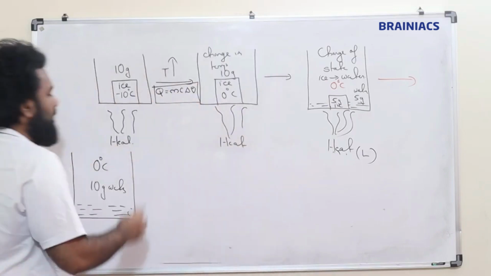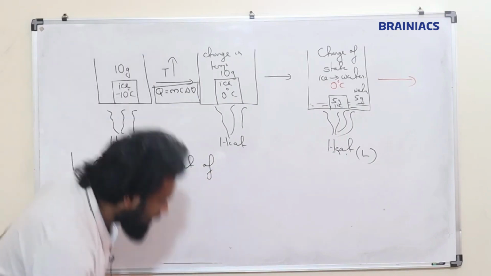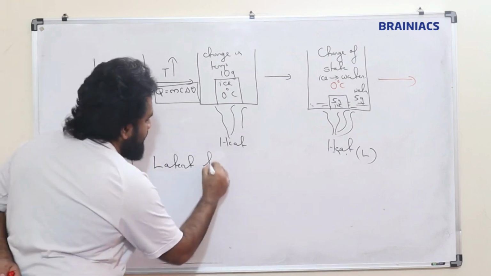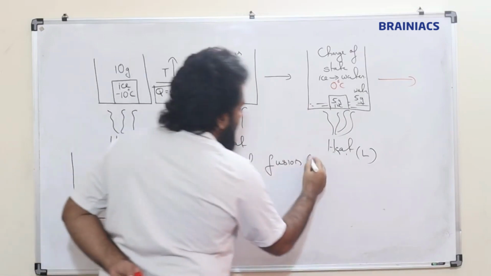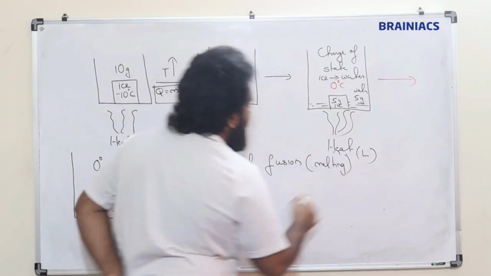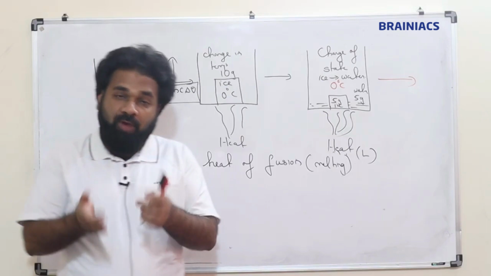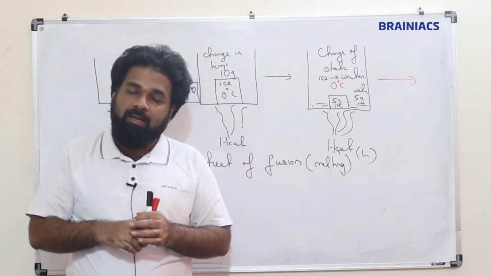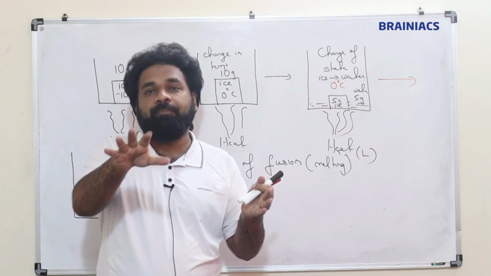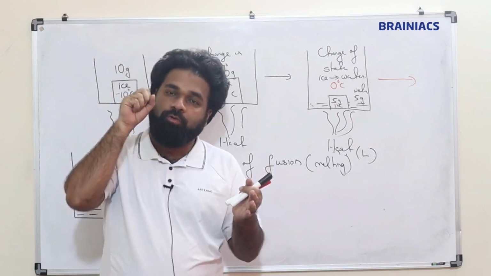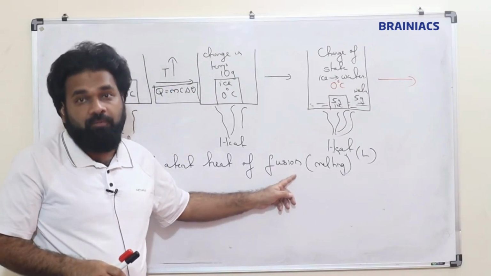In latent heat of fusion or melting, latent heat of fusion means if water is converted into ice, this water should deliver, or eliminate, or reject some heat to the surrounding. So that is called the latent heat of fusion.